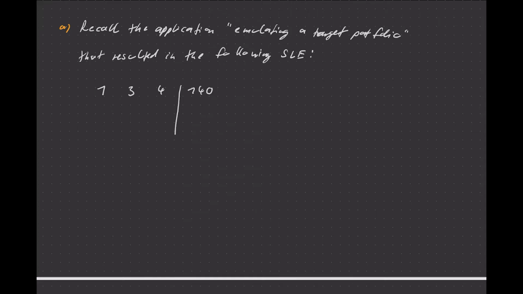The second row was 2, 7, 10, with a right hand side of 320, and the third row was 1, 4, 9, and the right hand side was 225. So given this system of linear equations, we want to solve that system and of course determine if there actually is a solution.